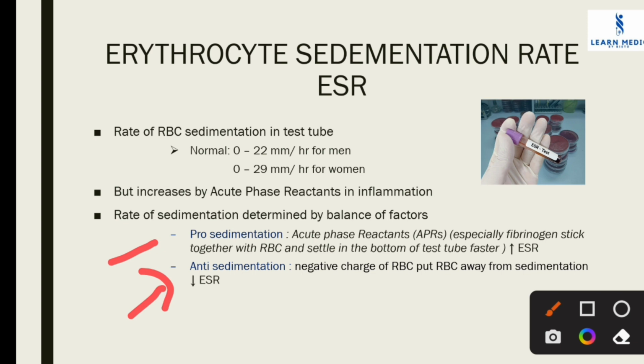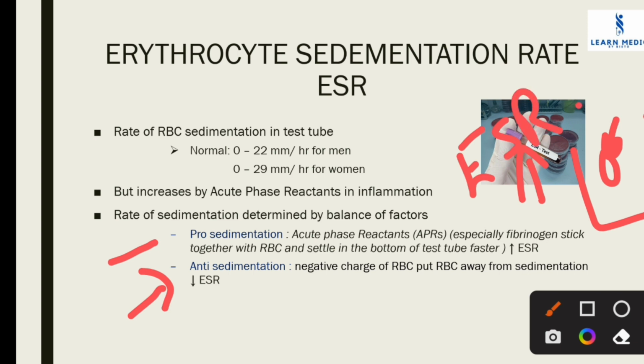Pro-sedimentation factors increase the ESR, promoting the sedimentation of red cells at the bottom of the test tube. These are the acute phase reactants, especially fibrinogen, which stick together with RBCs and settle at the bottom of the test tube faster. So the ESR is increasing for any inflammation because the acute phase reactants stick together with RBCs.